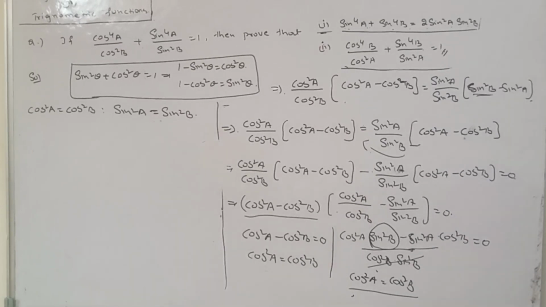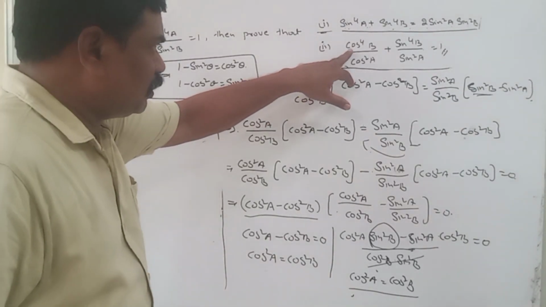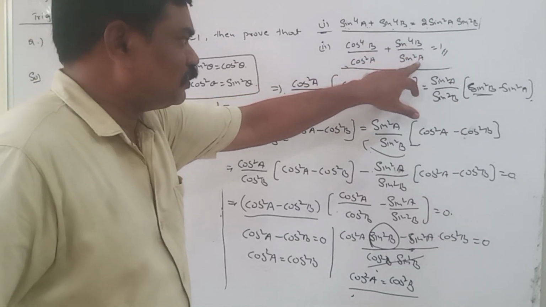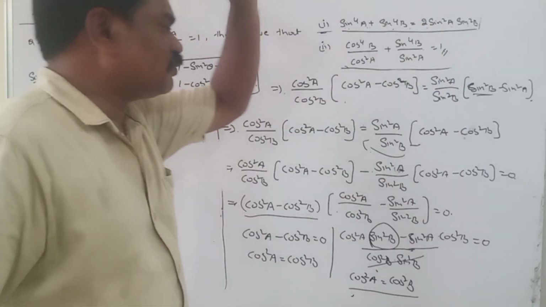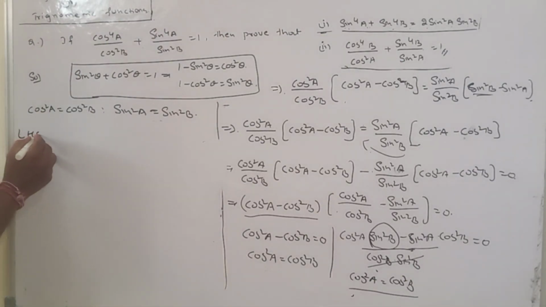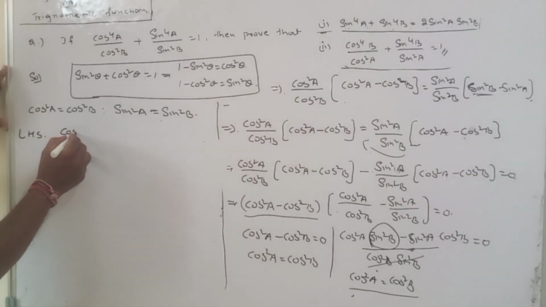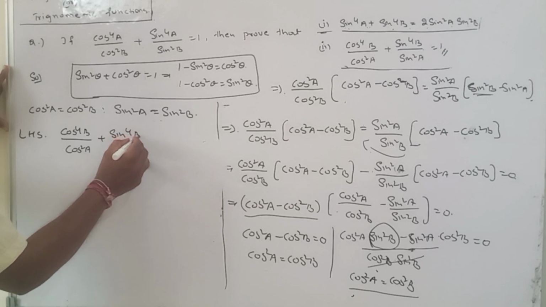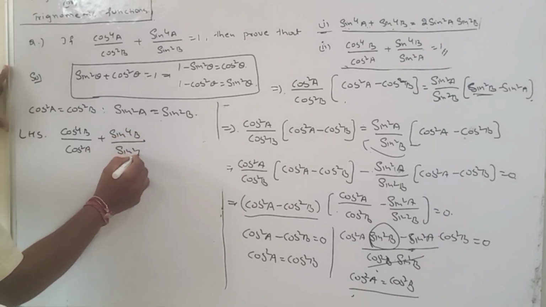Go to the second problem. What is the second problem? Cos⁴B/cos²A + sin⁴B/sin²A = 1. We want to prove this. Here the LHS is cos⁴B/cos²A + sin⁴B/sin²A.